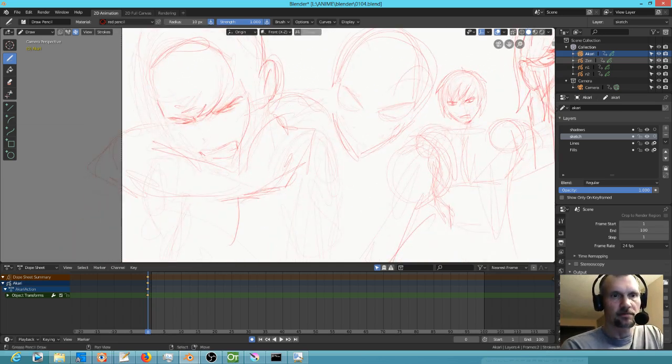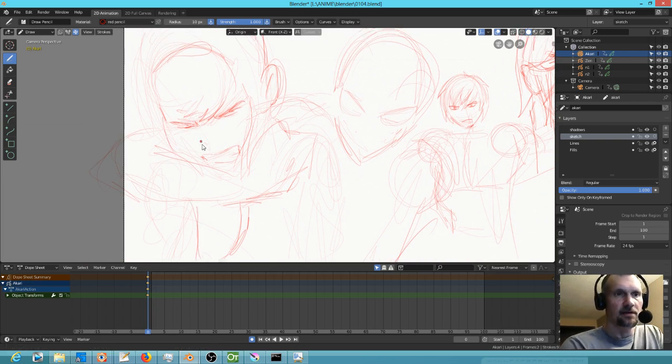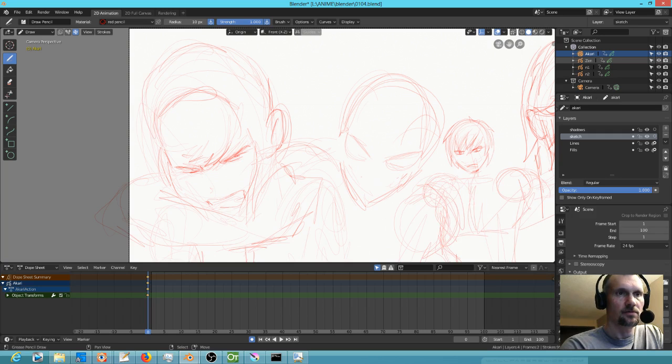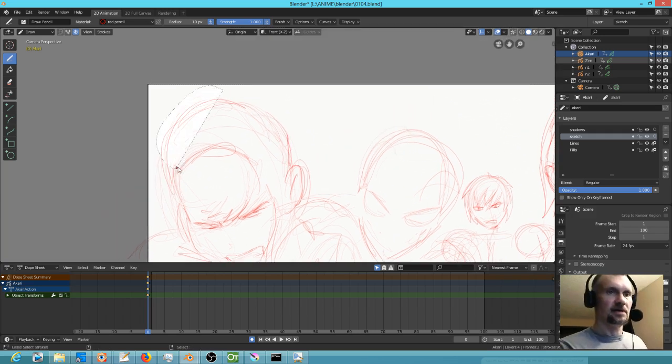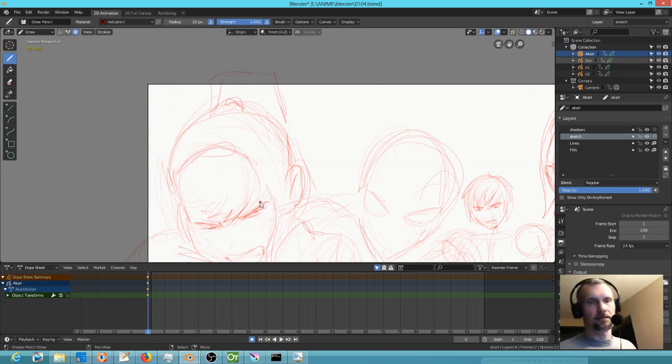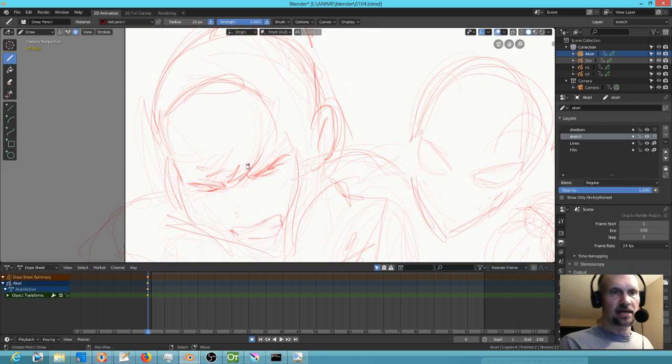Okay, and probably her pigtail should be kind of like in there, like so. I'm not really digging that too much. Okay, that's not too bad.